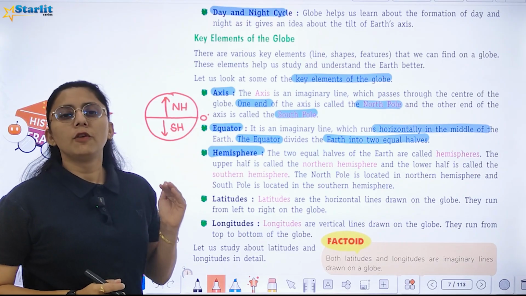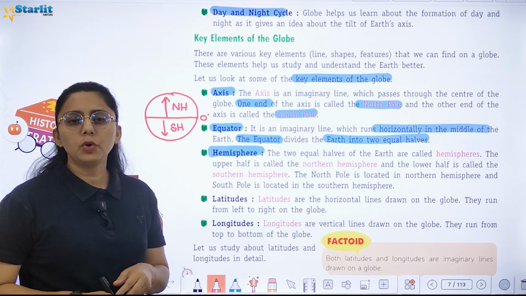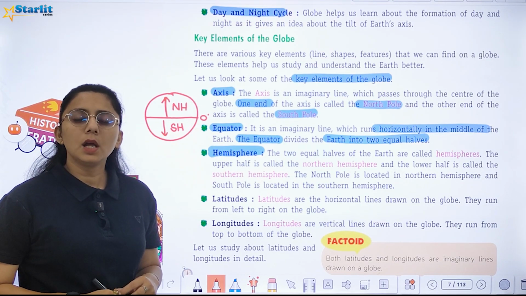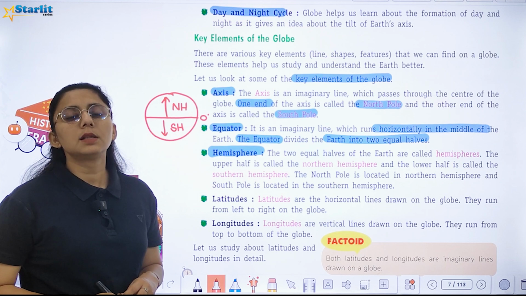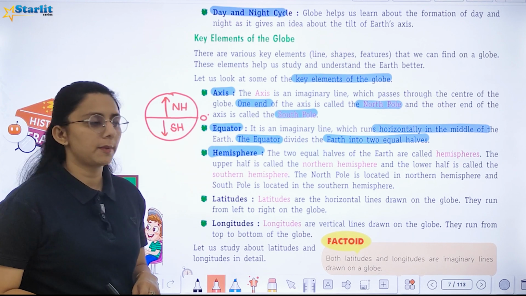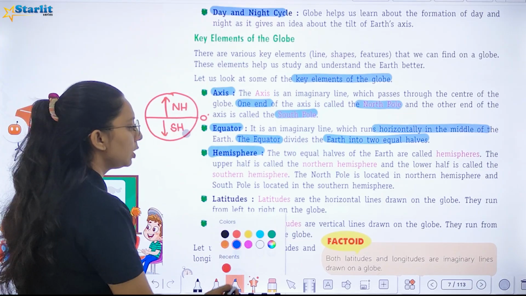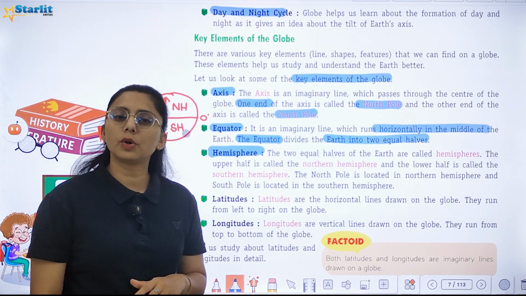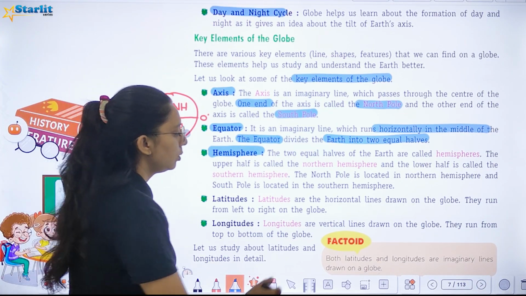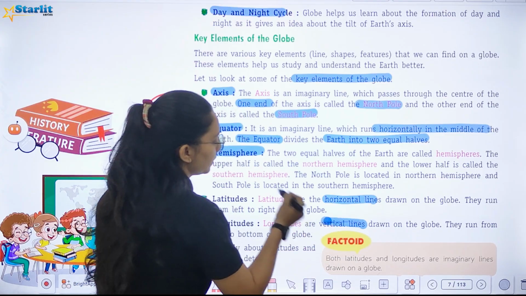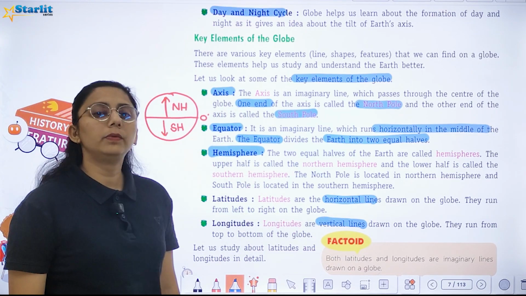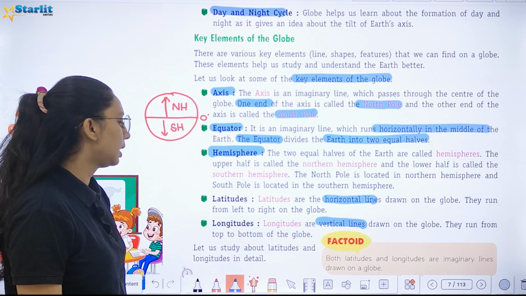Then when we move from equator to North Pole, it is northern hemisphere. When we move towards South Pole, it is southern hemisphere. Right? Next, we have latitudes. I have told you the lines drawn horizontally on the globe are latitudes, and lines drawn vertically, what are these? These are longitudes.